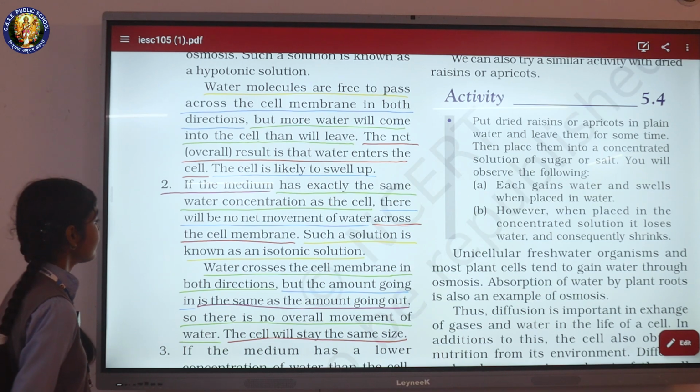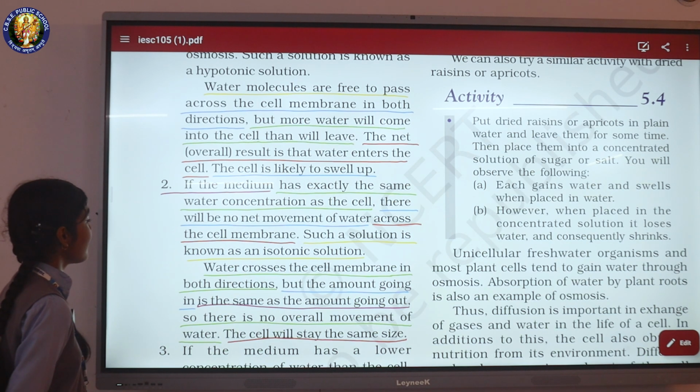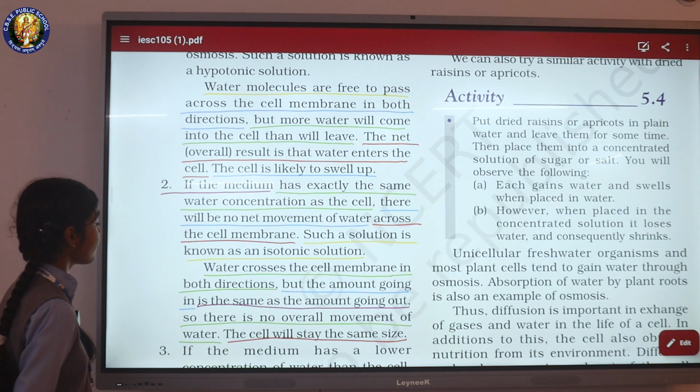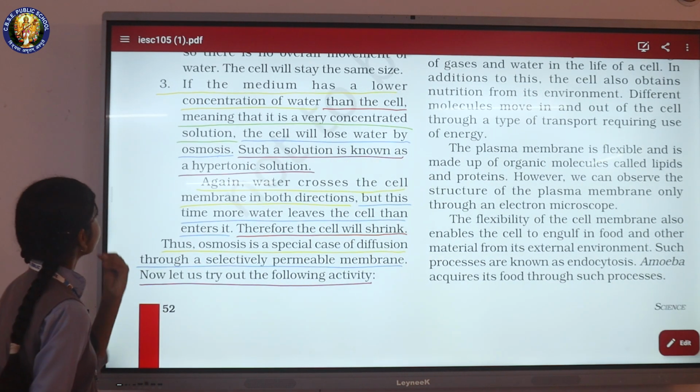Water crosses the cell membrane in both directions, but the amount going in is the same as the amount going out. So there is no overall movement of water. The cell will stay the same size.